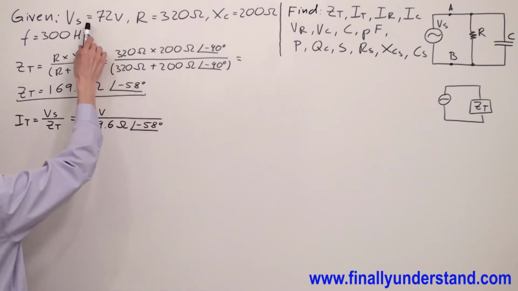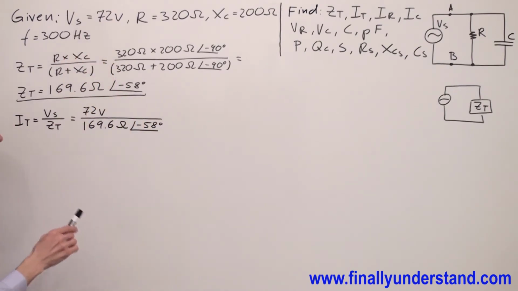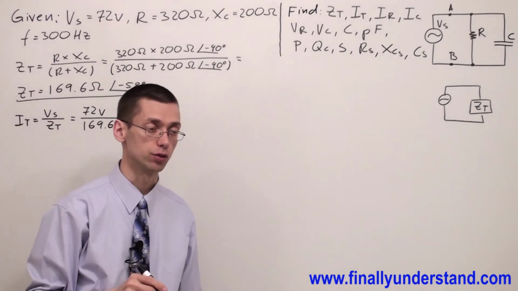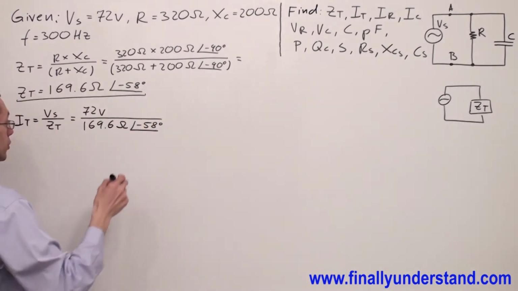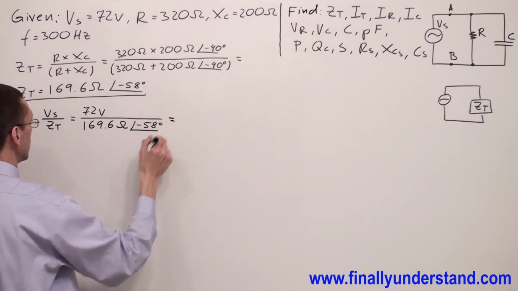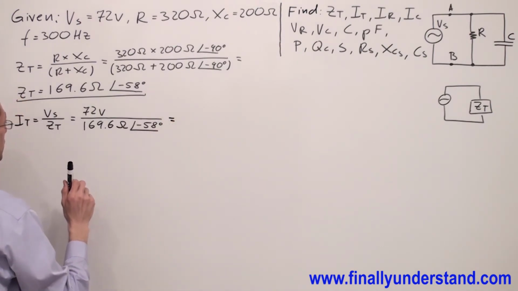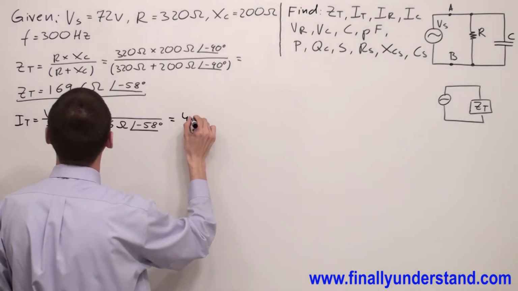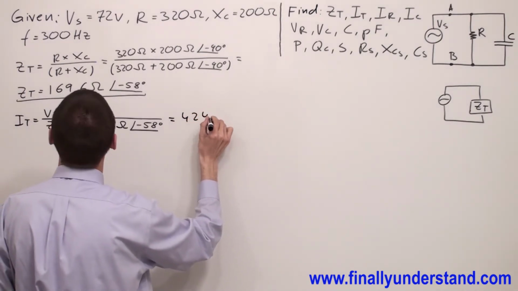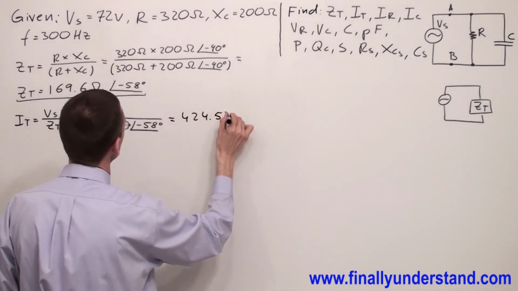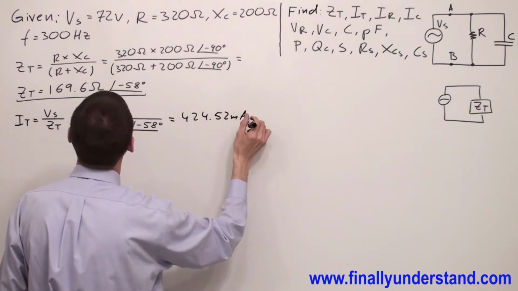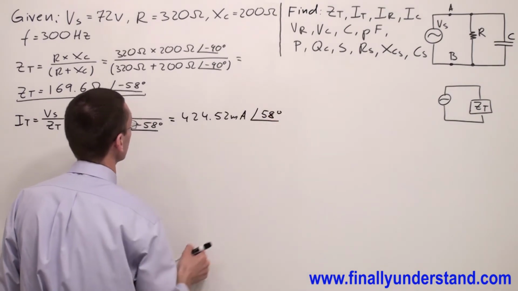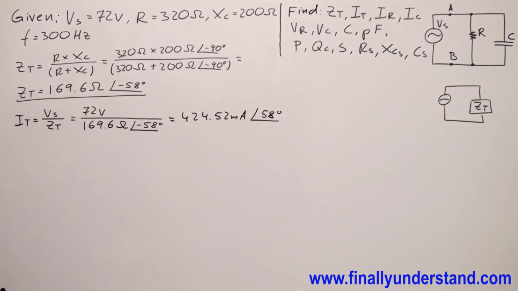If I have voltage in this form, most of the time I'm going to assume that this is RMS voltage. So I have current equals 424.52 milliamps, and angle of 58 degrees. So this is my I total.